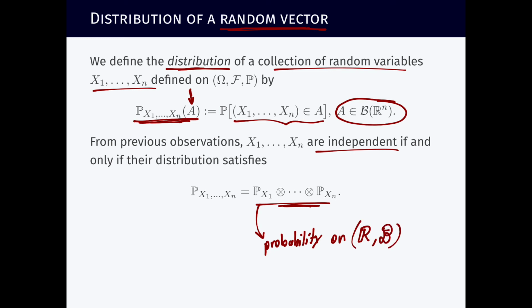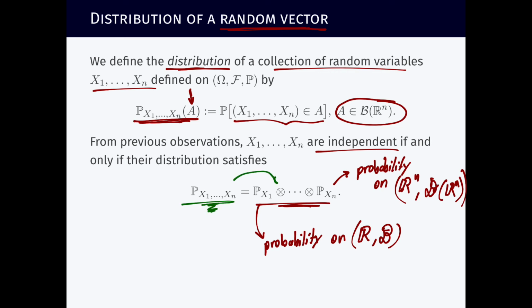When we take the product of all these n's, what we get is a probability measure on Rn. And when are they independent? They are independent when their distribution is actually given by a product measure.